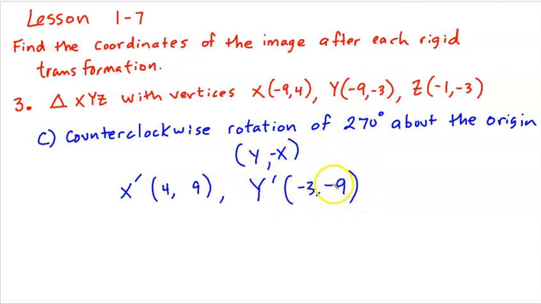So if you have to do it in this order, just to make sure you catch it, but then we're going to change the sign of the y. And then Z prime, we switch, and then we change. All right, so pretty easy. That will be the coordinates of the image after this particular rotation of 270.